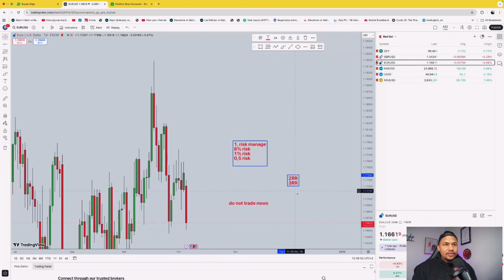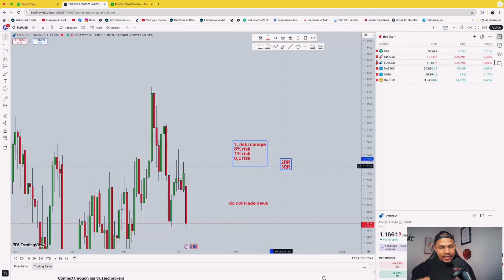Now, if you do a 1 to 3, that means you would need about 3 trades, 2.5 trades, in order to hit your overall profit target. Now, it's always very important, if you go to the 0.5% risk, that means everything will double. So you would now need to hit double the amount of trades in order to get the 8% target on the overall account.